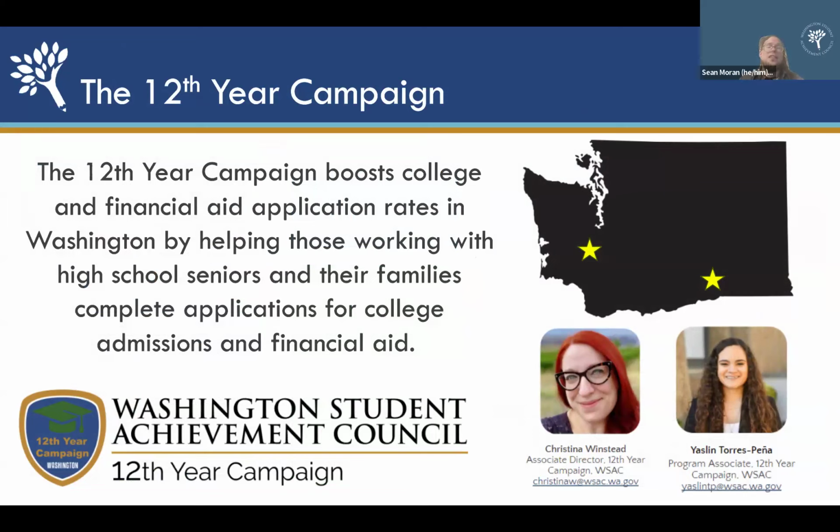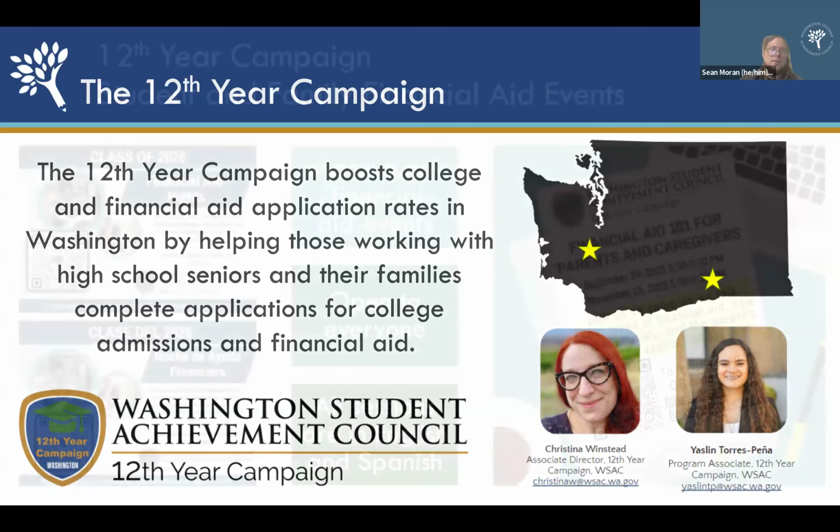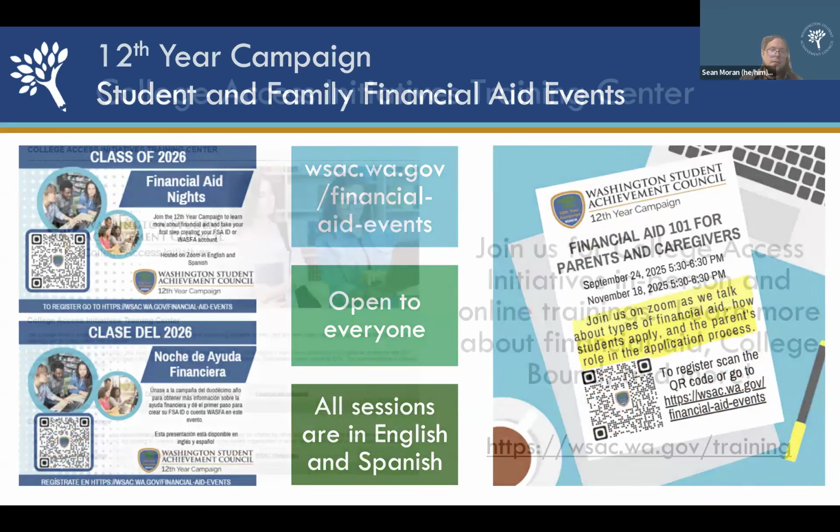There's a variety of things that they've provided in quick and easy ways. So hopefully these resources can be of assistance. They also have templates on presentations and support when it comes to financial aid advising days.